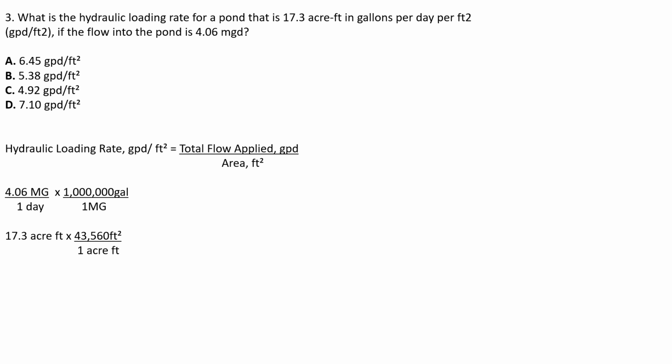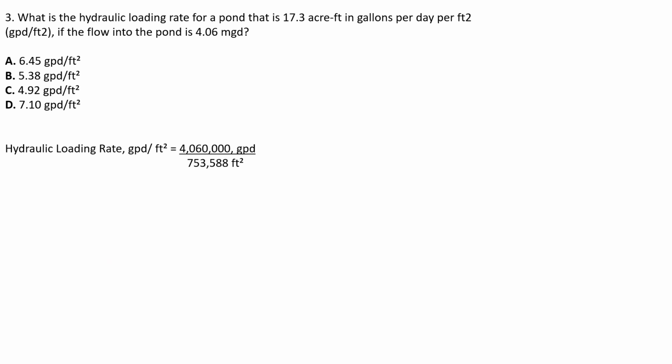So they'll cancel out. All right, so you do your multiplication, the million gallons will cancel out, and you get 4,060,000 gallons per day. And you do 17.3 acre feet times 43,560 square feet. The acre feet cancel out, and you get 753,588 square feet.